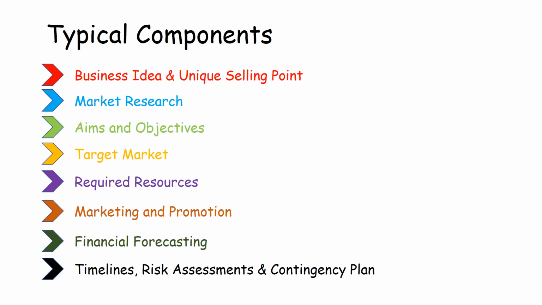Then you'd have a section where you include market research. Remember, these are all about the idea you're going to run with, not all the ideas you previously planned. Then you do your aims and objectives, and your target market, so who you're aiming your product at. Then the required resources, the marketing and promotion, and some financial forecasting, which many of you, and I'm talking to all 3 of you online live at the moment, I've actually got some really good financial forecasting.